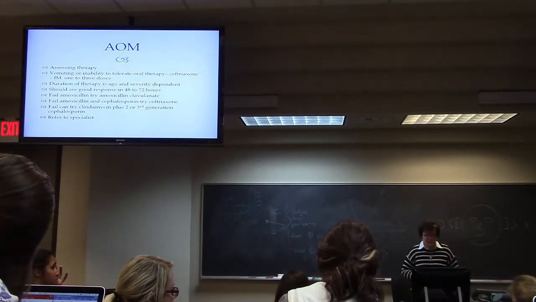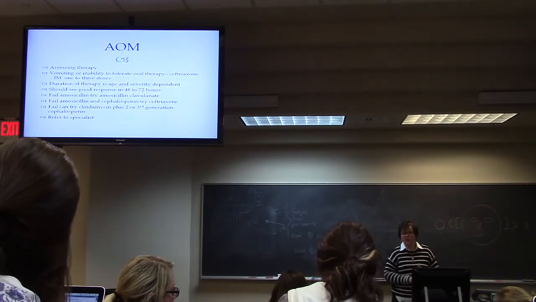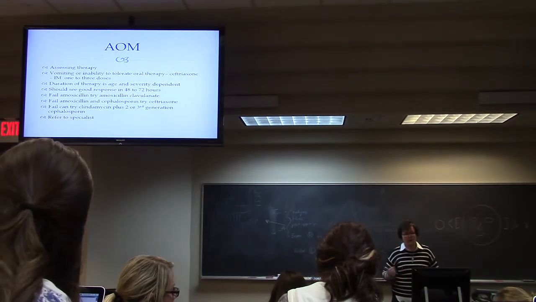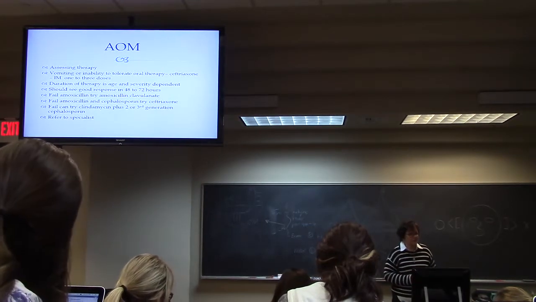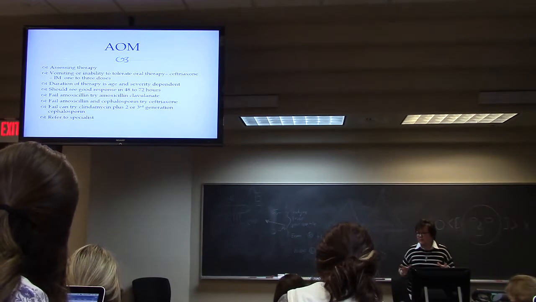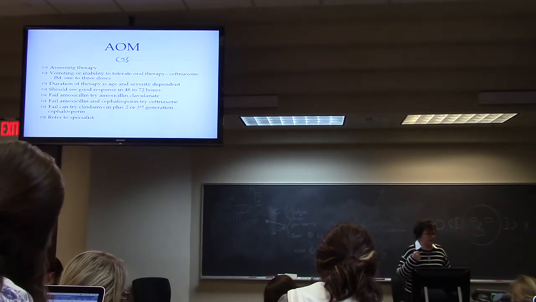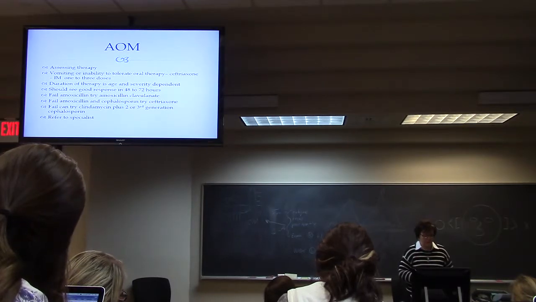Okay, so in assessing therapy, if they cannot tolerate the medicine or they're vomiting it up, then you can go with ceftriaxone, which is a cephalosporin. It's IM, it's one dose, unless they failed antibiotic therapy, then you would go with three doses.